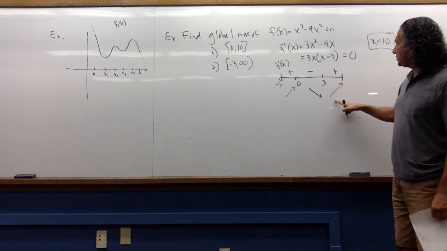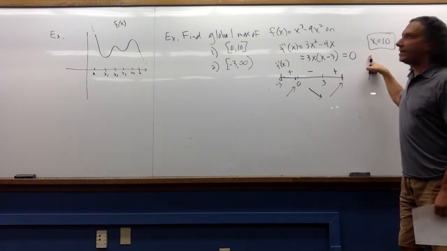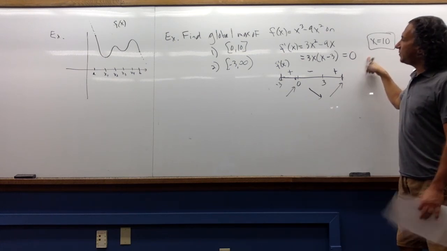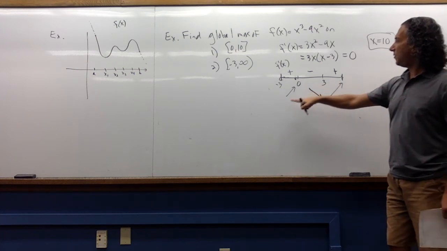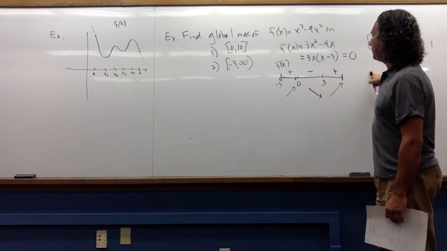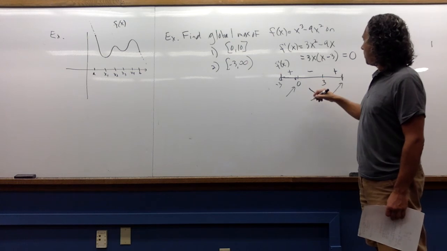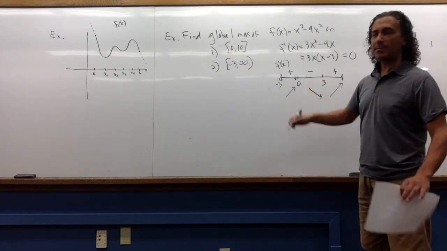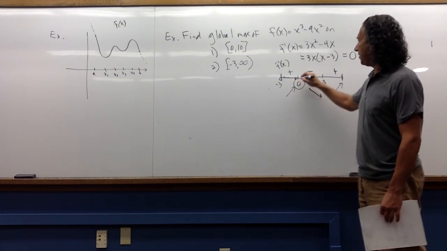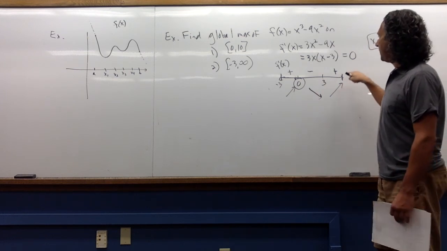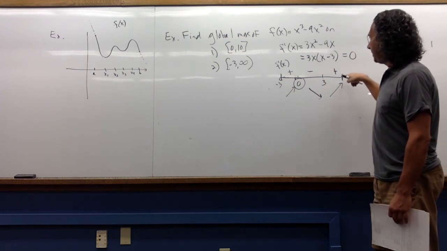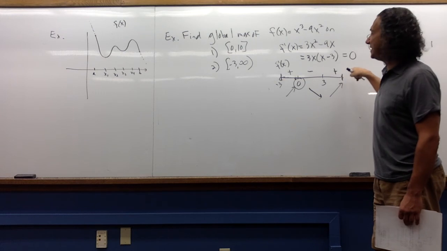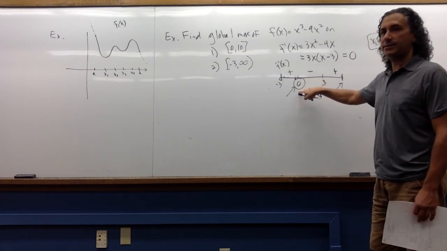Well, our function continues to increase. So there are two ways we can think about this. Our function increases, decreases, increases. So the only hope of any sort of maximum occurring would be here. But we just saw that at 10, the function f of x is higher than it is here. So it can't be here.